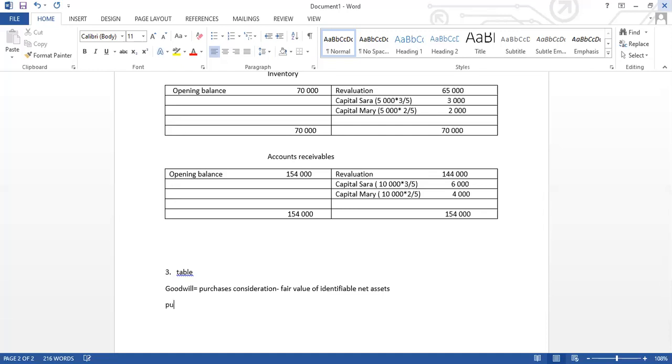So purchase consideration equals the capital contributed by the partner, then you divide it by his profit sharing ratio.